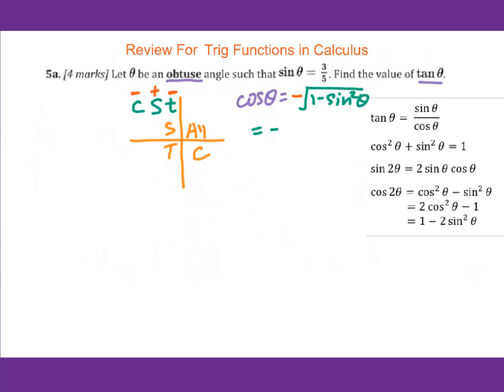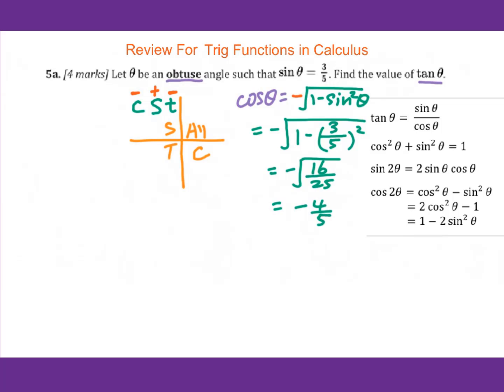That equals negative square root of 1 minus (3 over 5) squared. You will get negative square root of 16 over 25. That is negative 4 over 5.